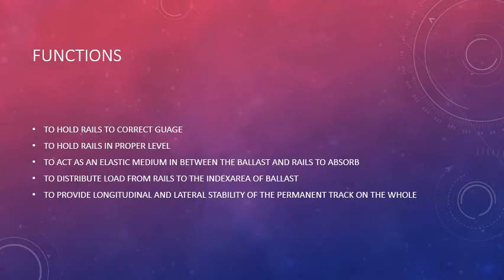It is used to distribute load from rails to the wider area of the ballast. And it is used to provide longitudinal and lateral stability of the permanent way on the whole. So these sleepers are generally used to fix the rails, and this fixture ensures the smooth movement of train.